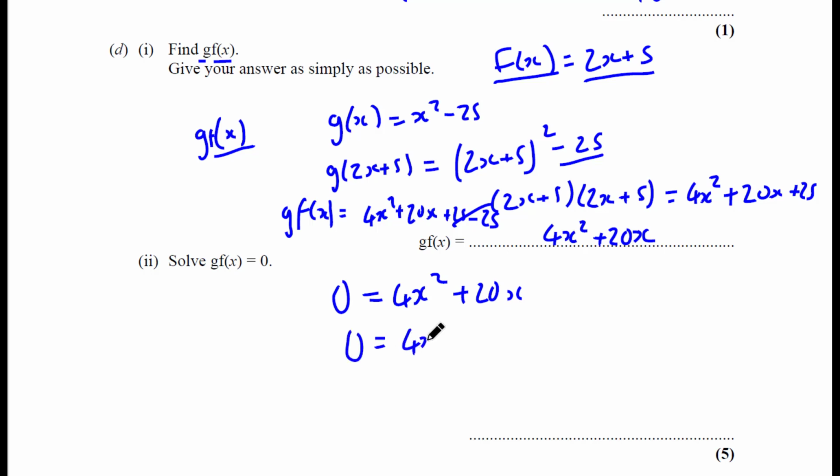That's going to be x plus 5. To make the 0, this term has to be 0, and this term has to be 0, the bracket. So that gives us x equals 0 and x equals minus 5, because 0 times anything is 0. And that's another 5 marks in total.